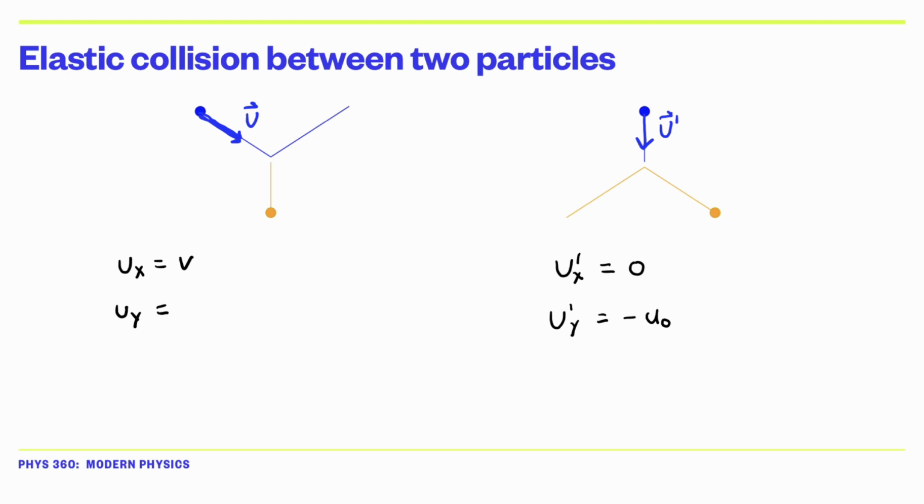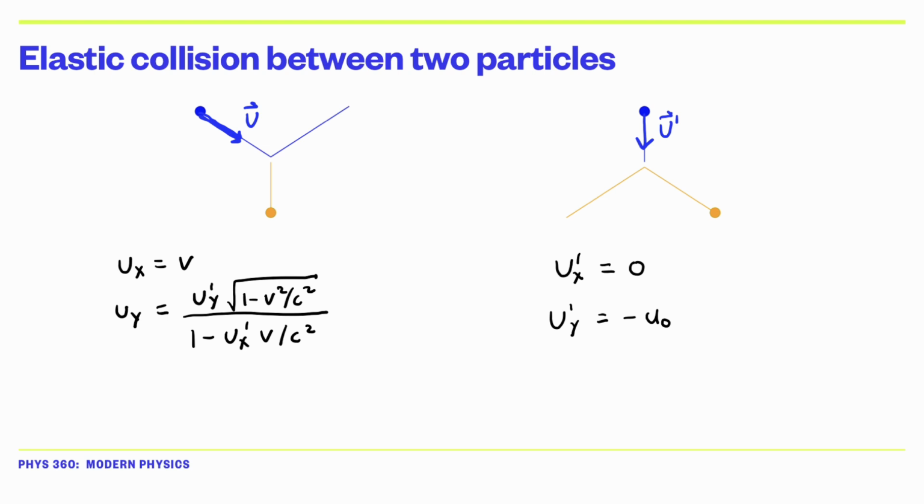The question is, what will the y component uy be? In classical Newtonian physics, we know that it'll just be minus u0, since that is the velocity that they both throw the ball at. In relativity, we must use the velocity transformation equations. Since we know u'x and u'y, we can use the velocity transformations to find uy.